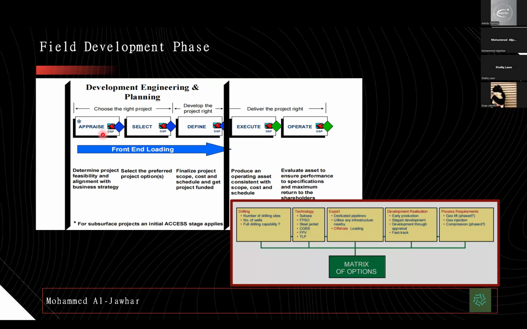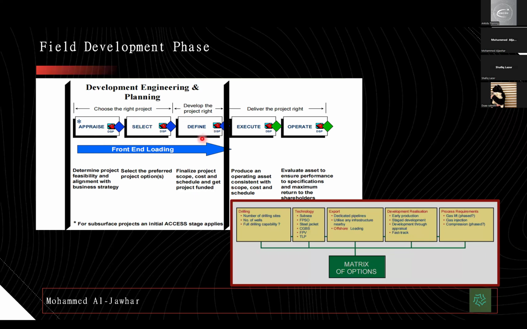So you have to think about which location you have to develop, and why you have to produce from certain reservoirs. You have to appraise every single piece of data. Having said that, QA and QC for any data you have in hand. What is the missing data? You have to think about the uncertainty in the data. Then you have to think about whether it is good to go forward and select this field.